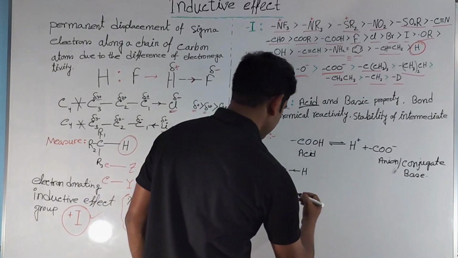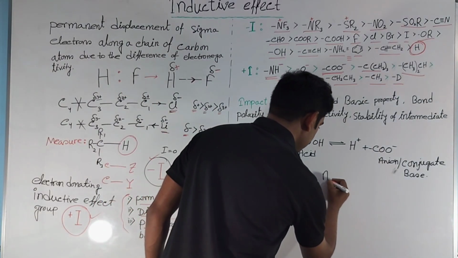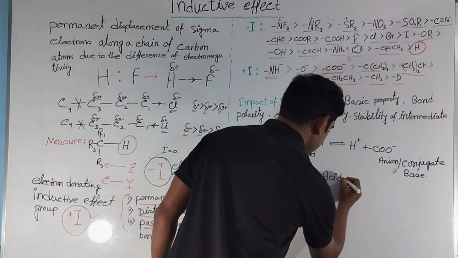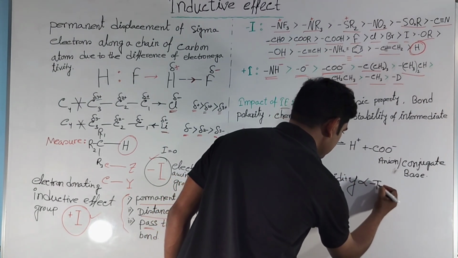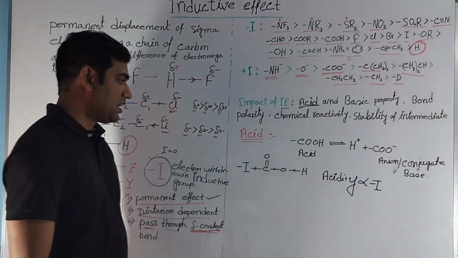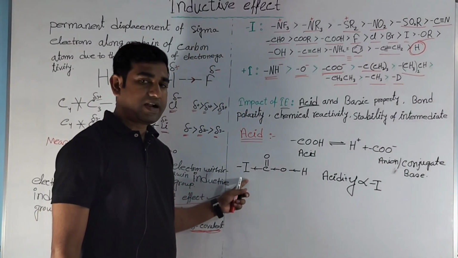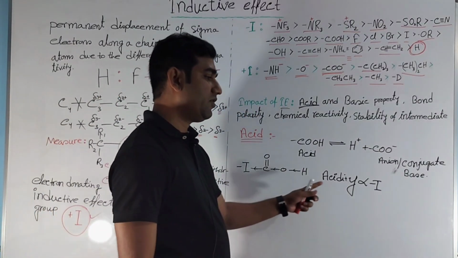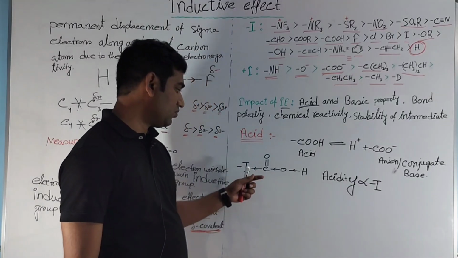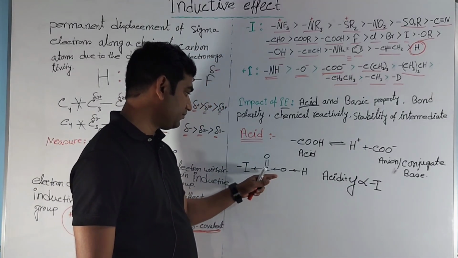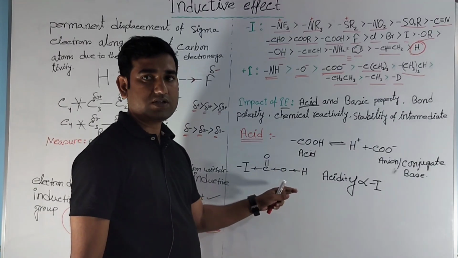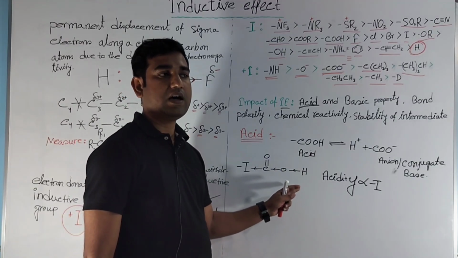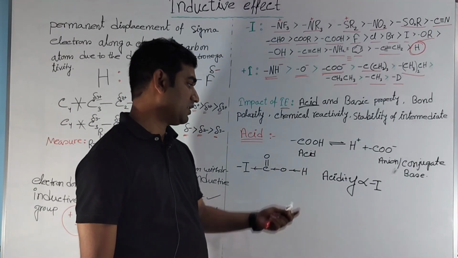So acidity is directly proportional to the minus I group. Once a minus I group is attached to the carboxylic acid, acidity will increase. Why? The electron withdrawing power pulls the electron towards itself, and that OH bond is easily polarized and easily releases the proton. So acidity will increase.